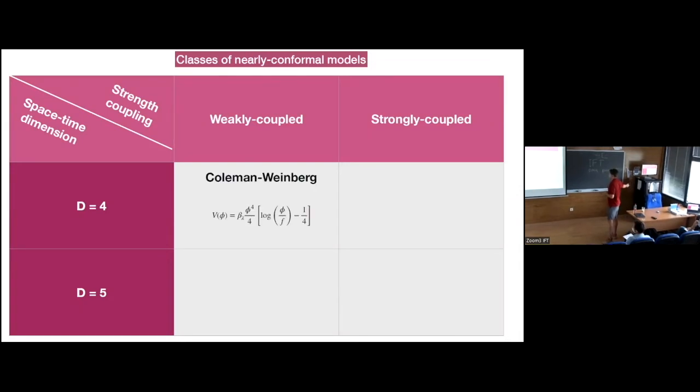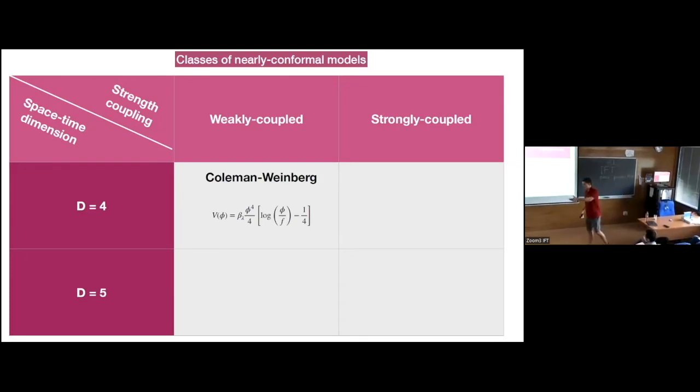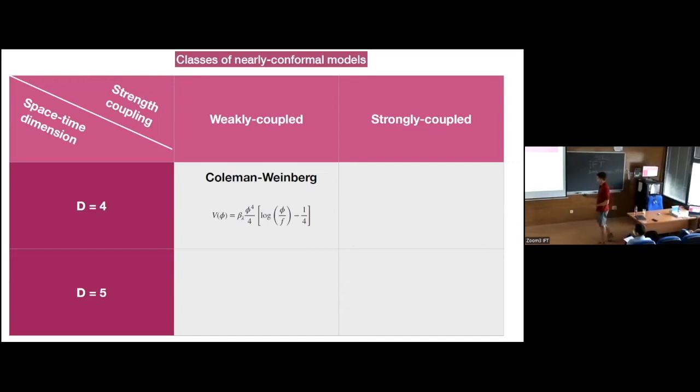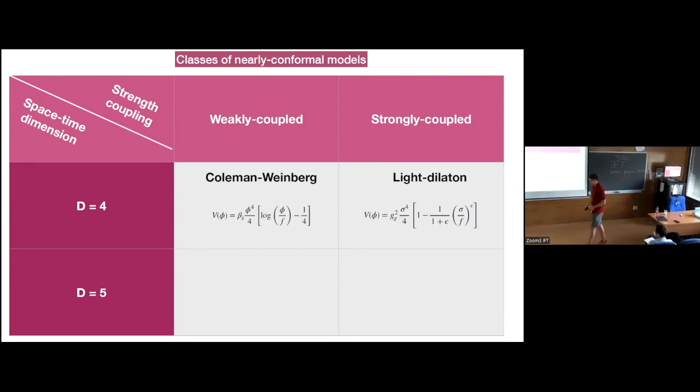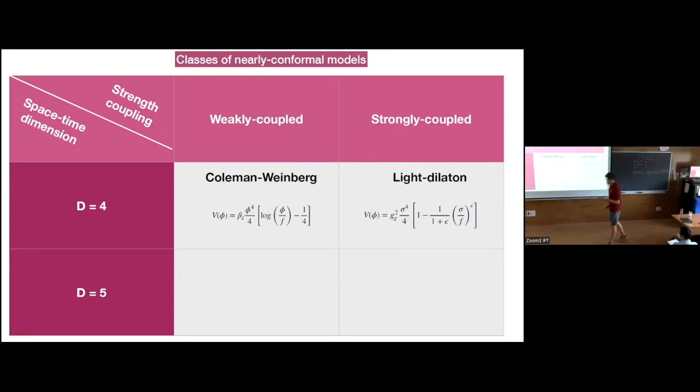At dimension d equal 4, if the radiative corrections are weakly coupled, you have the one-loop Coleman-Weinberg expression here that you must recognize. And in the strongly coupled region, instead, you can also have a nearly conformal invariance.